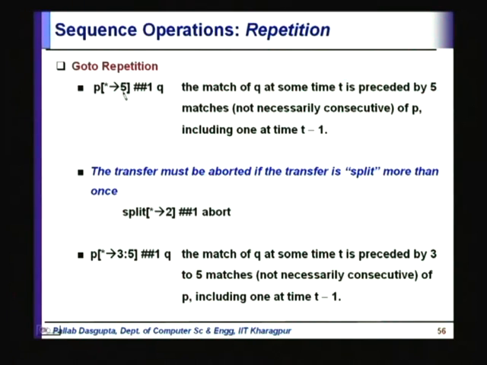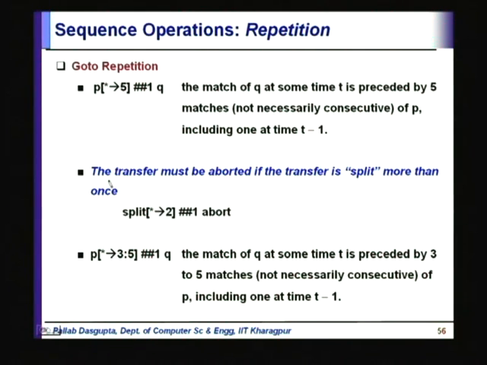But there is a constraint that the last match should be followed by Q in the next cycle. This says there has to be 5 matches, those 5 matches need not be consecutive, but as soon as you get the 5th match, in the next cycle, Q must hold.